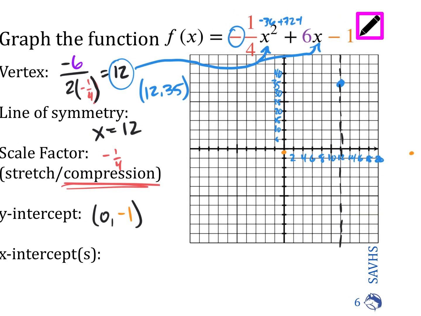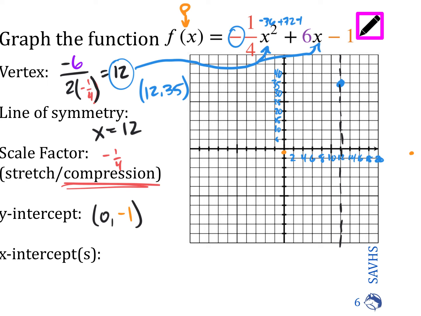The x-intercepts, we don't have a lot of tools to deal with. Long term, the thing that we will do to get x-intercepts is we'll put 0 in for f of x, and we're going to solve that equation. We just don't have a way to do that right now. And so I'm still okay with just sort of leaving that as an approximation.